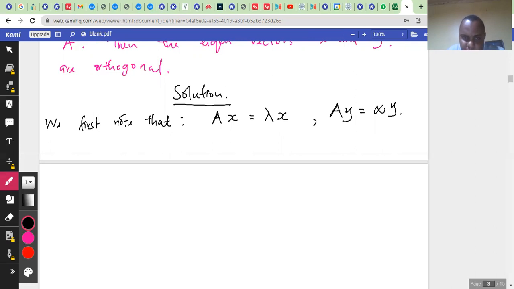We could just take the first equation, A x equals lambda x, and multiply that by y^H. y^H A x is going to be equal to lambda y^H x. And that is the first step of the proof.